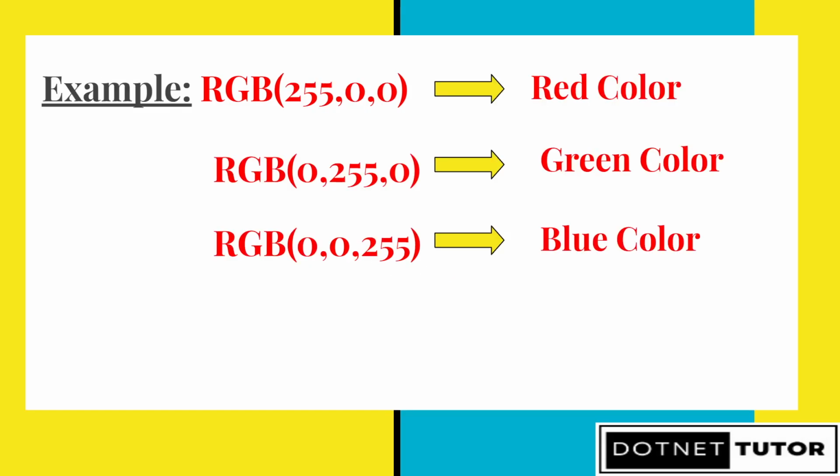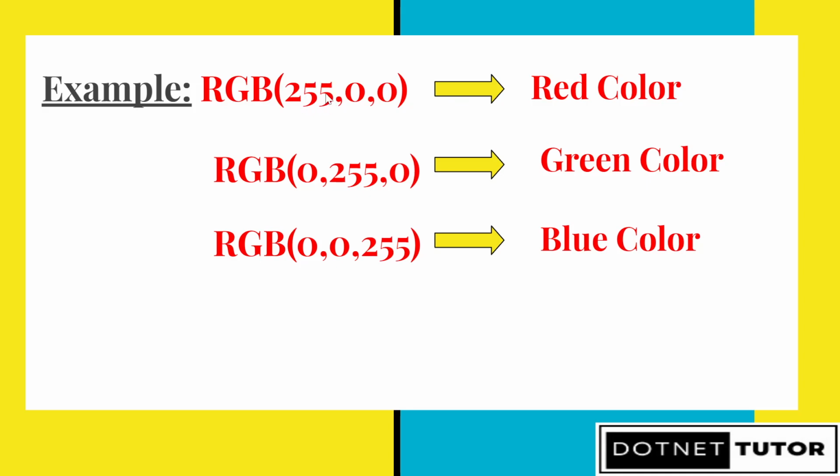For example, RGB means R is red, G is green and B is blue. What is the max value? 255.